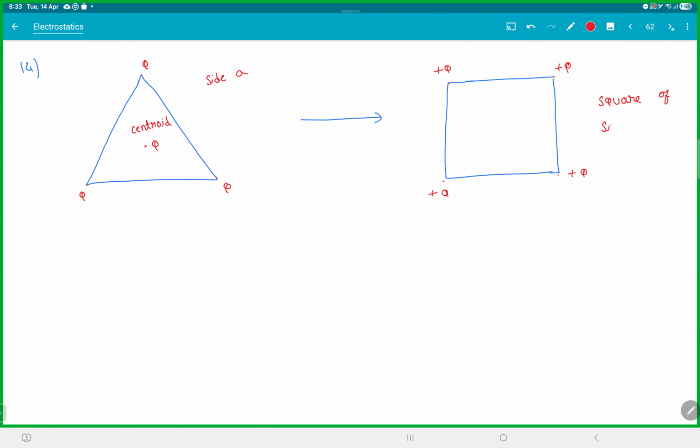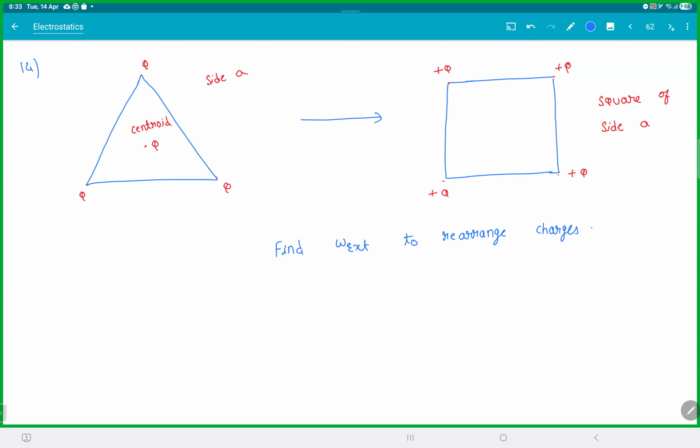They initially have four charges, three on the vertices of an equilateral triangle and one at the centroid. You made them into four charges on the corners of a square. Find the work done by the external force to rearrange the charges. Initially and finally they are at rest, so there's no kinetic energy, and the change in potential energy is the work done.